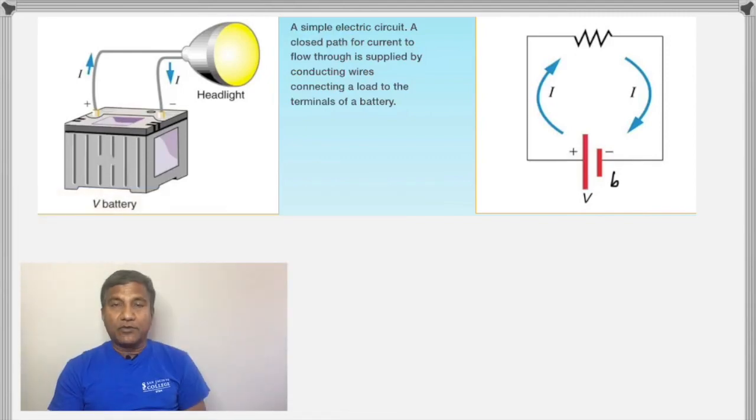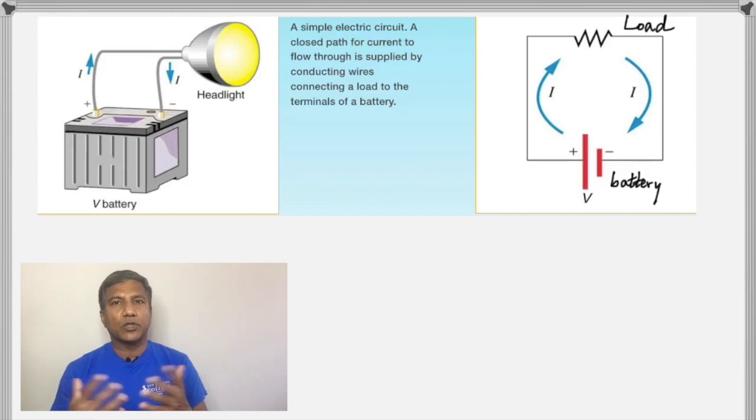And then the headlight consumes power or uses the electrical current, and therefore it's called a load or a load resistance. Anything that uses electric current is called a load because it's just like carrying something. So the load consumes electrical power, and so that's shown by a resistance.